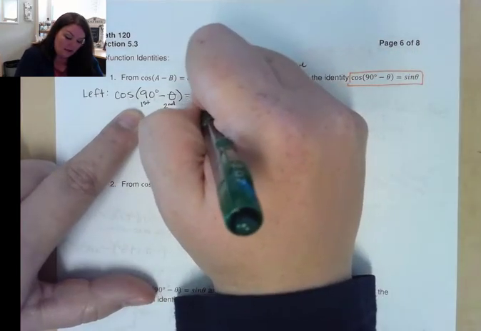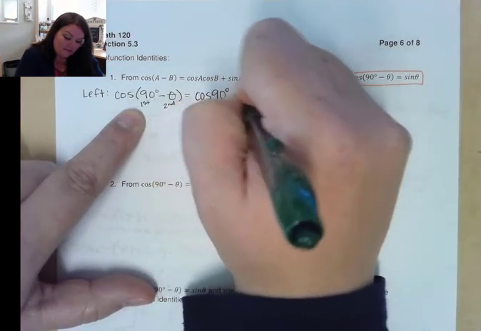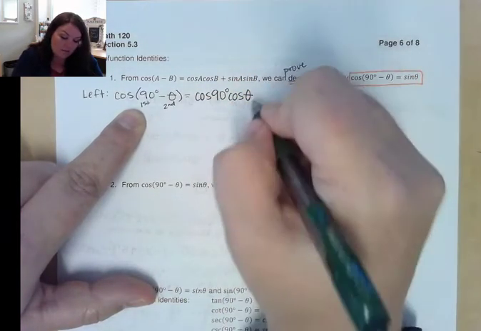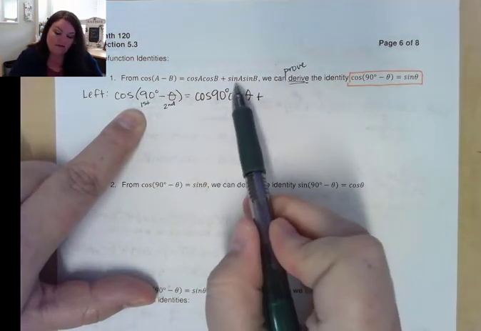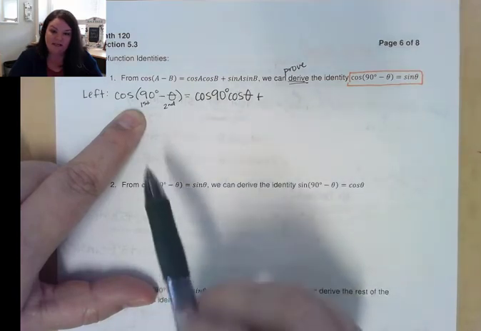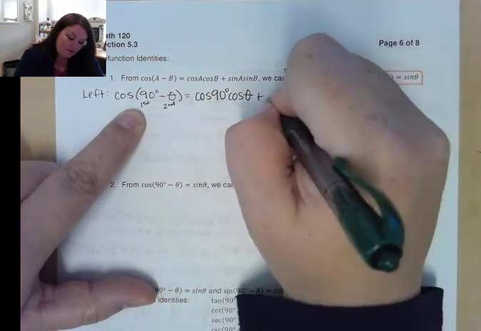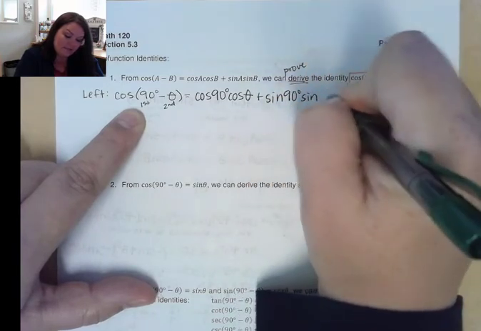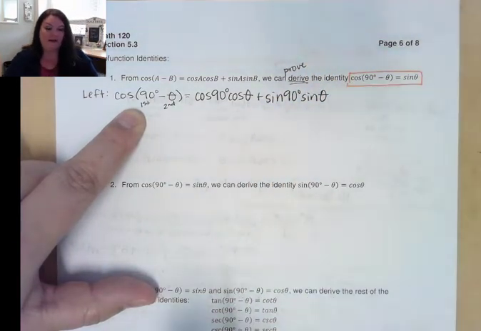So cosine of 90 degrees times cosine of theta degrees plus sine of my first angle, sine of my second. So sine of my first angle would be 90 degrees and sine of my second angle is theta.